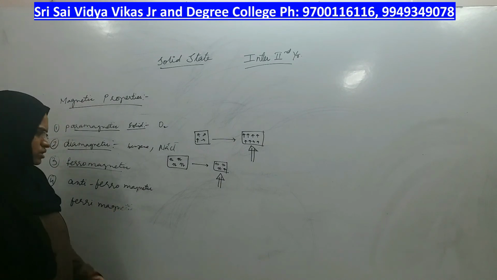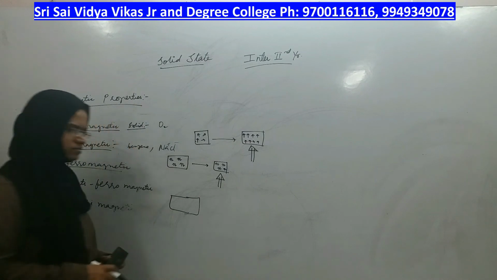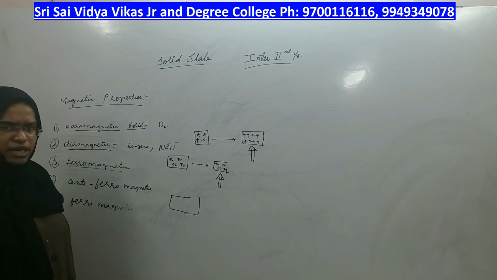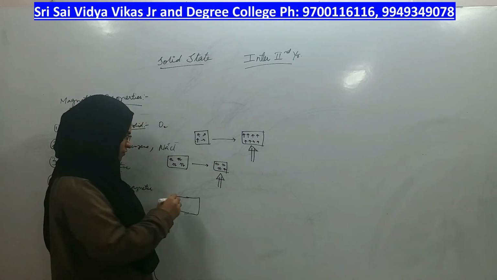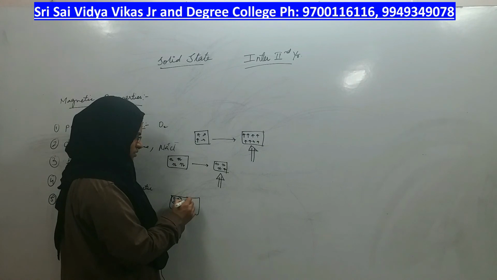In ferromagnetic compounds, before applying the magnetic field, some groups of atoms or some groups of elements are already aligned themselves to make small domains.